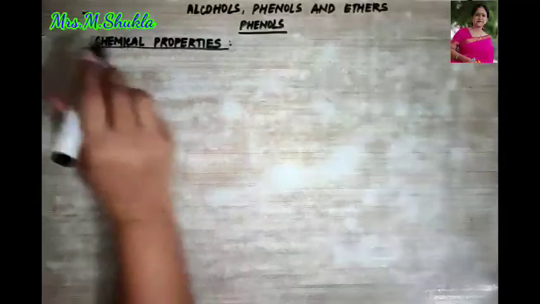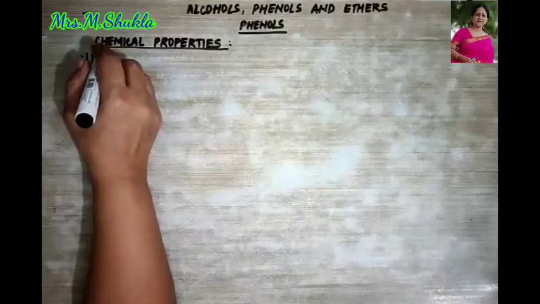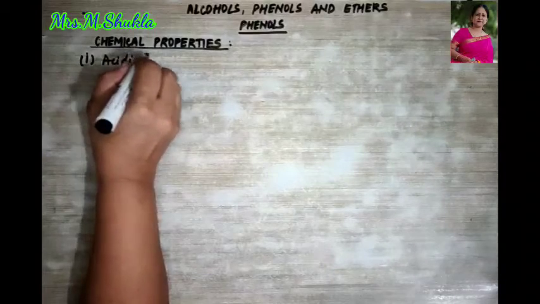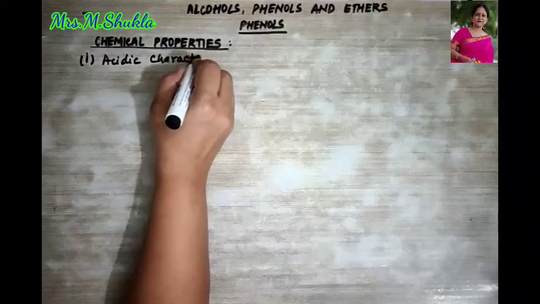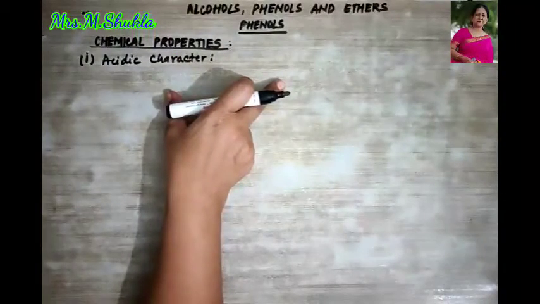So to begin with the chemical properties, the first property that we are going to study will be the acidic character of the phenols. So how can we judge the acidic character of any compound?